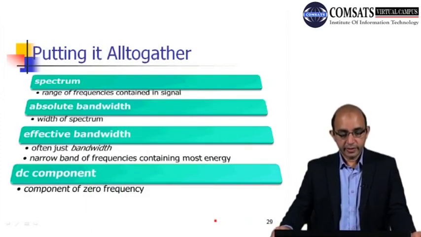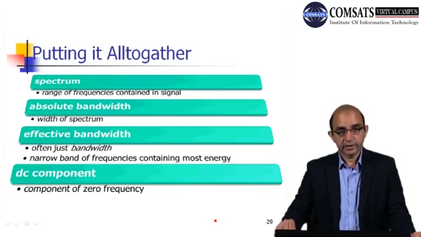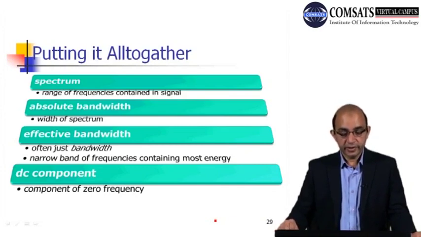And this is the conclusion. The spectrum is the range of frequencies contained in a signal. Then we defined the absolute bandwidth, the width of the spectrum, or the effective bandwidth, or we can simply say the bandwidth. This is a narrow band of frequencies containing most of the energy, and we ignore the components that have no effect or impact in reconstructing the signal in the time domain.